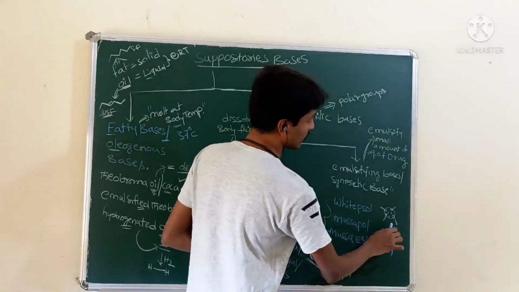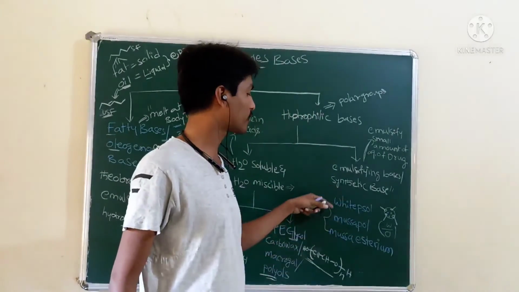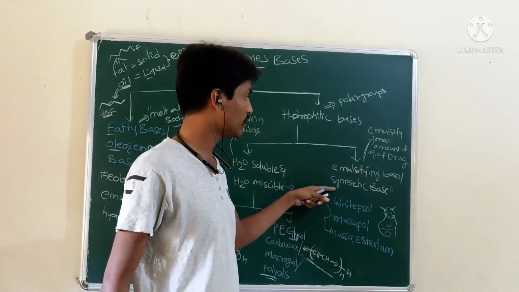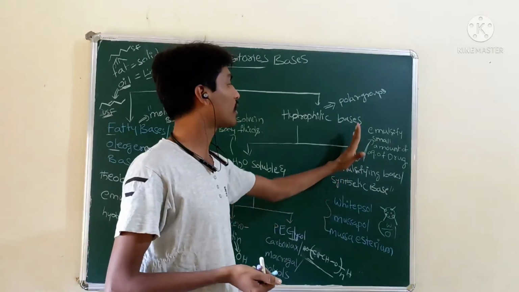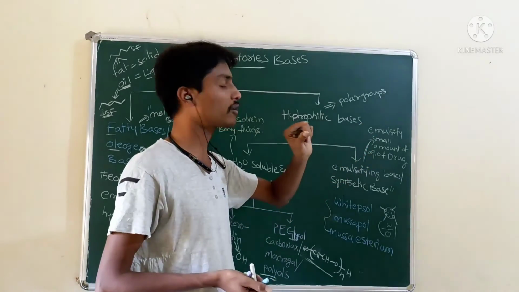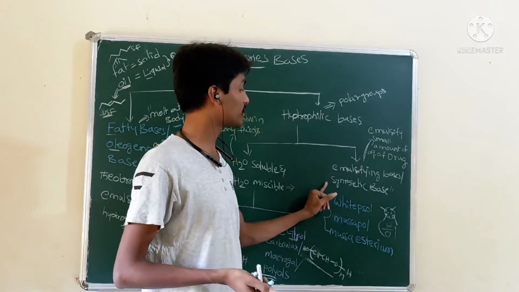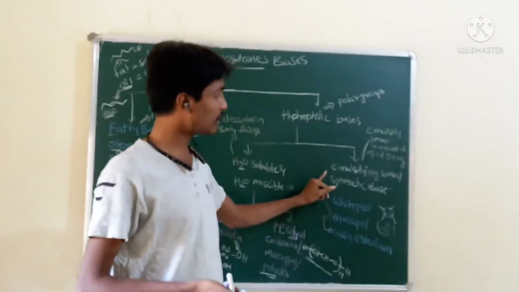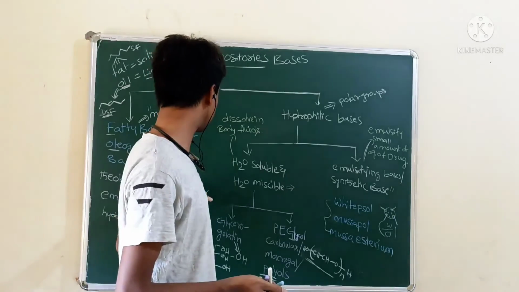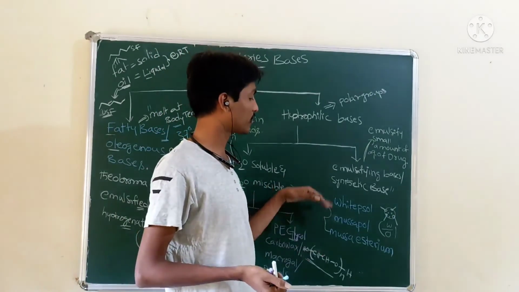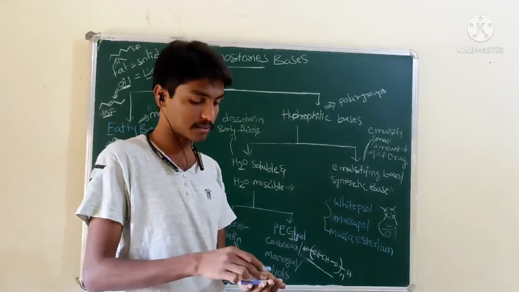It is emulsified like a water in oil kind of emulsion, leading to formation of a small amount of aqueous solution of drug. This is about emulsifying bases or synthetic bases. We have synthesized these by replacing the unsaturated fatty acid in cocoa butter with saturated fatty acid: Witepsol, Massupol, Massa Estarinum. This is about suppository bases.